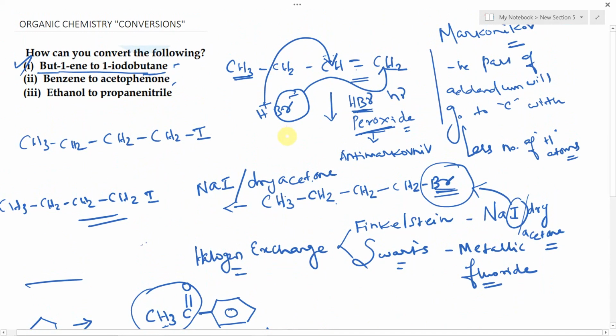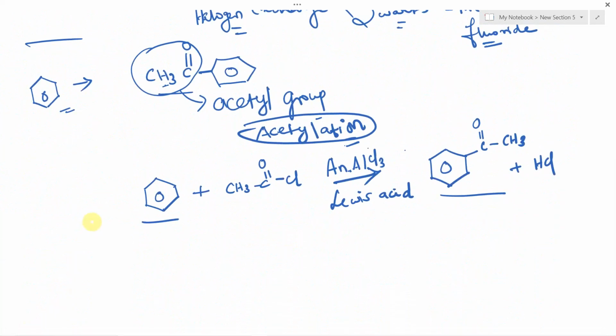Next question. Ethanol to propane nitrile. Ethanol is familiar to you. Propane nitrile, let me write the formula. Let me write ethanol, that is CH3CH2OH. So this should be converted into propane nitrile.